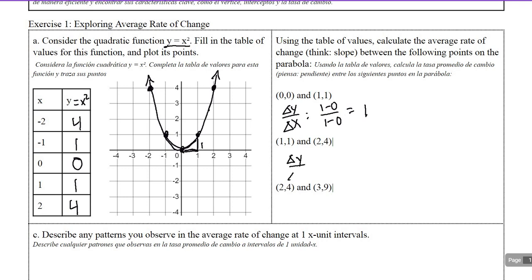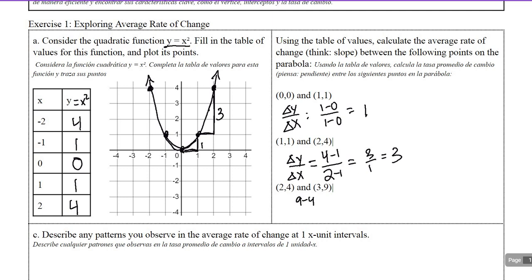Change in y over change in x equals 4 minus 1 over 2 minus 1, which is 3 over 1, which is 3. Visually, I can agree with that because I go over 1 and up 3, which is the slope of 3. Next, this one's not on the graph, so we'll just have to rely entirely on algebra.